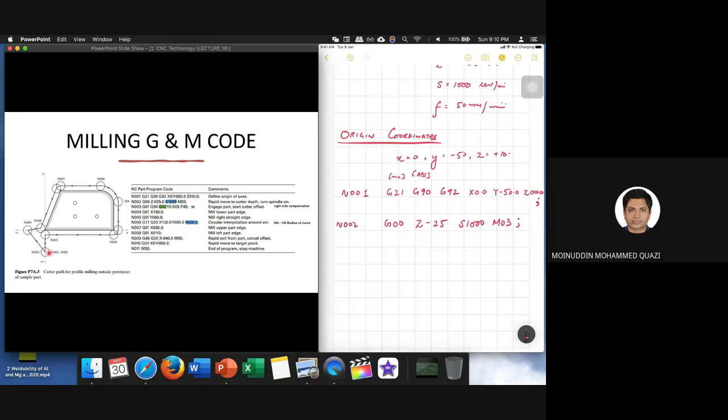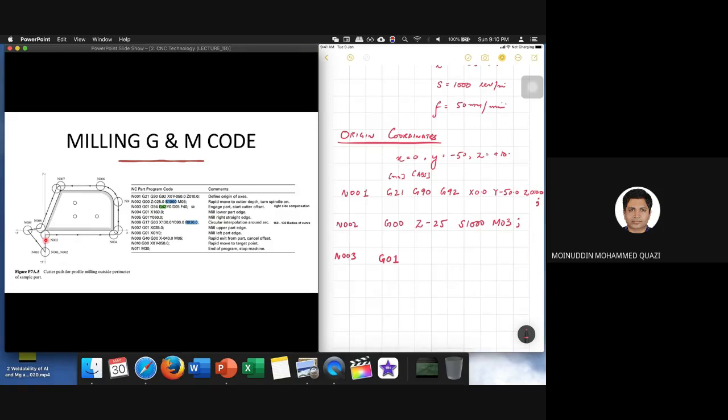Now I will make the workpiece move towards the milling machine, and the moment it moves, it will start the milling process. That is why I will use linear interpolation. N03 is linear interpolation G01. So what are the coordinates of G01?